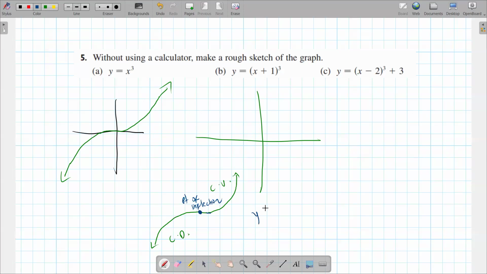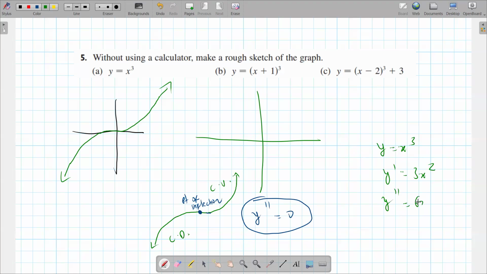To find that, you would set the double derivative equal to 0. I can show it to you here, because this is very simple. Y equals x cubed. What's y prime? The derivative is 3x squared. We have to go one level deeper. What's y double prime? It's 6x.